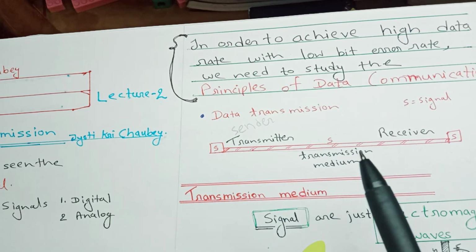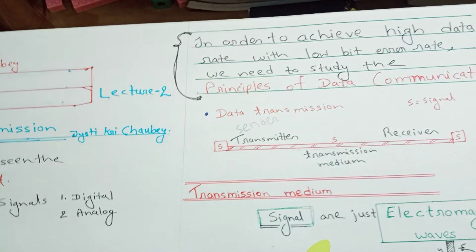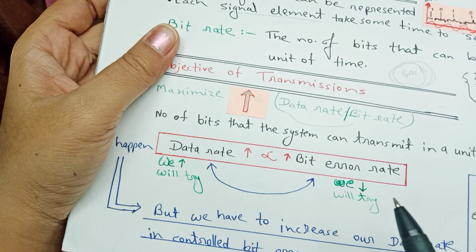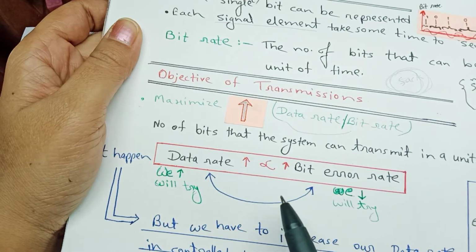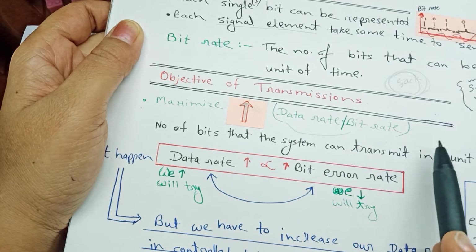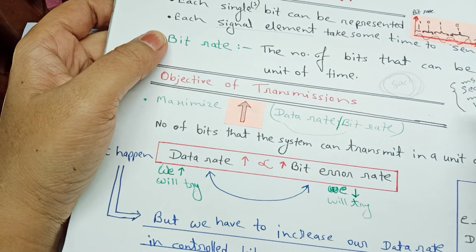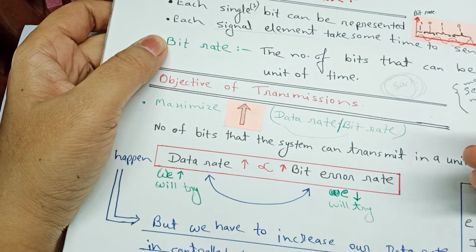So I am trying to explain that if the data rate increases, the bit error rate will also increase. If we check a small amount of grain, you will observe a little bit of dirt.